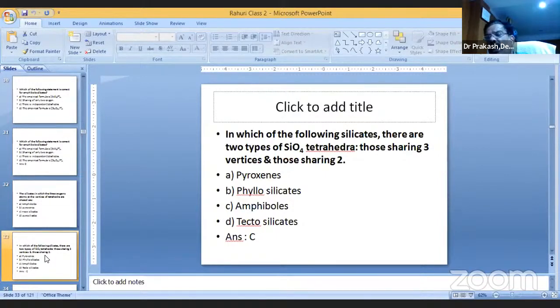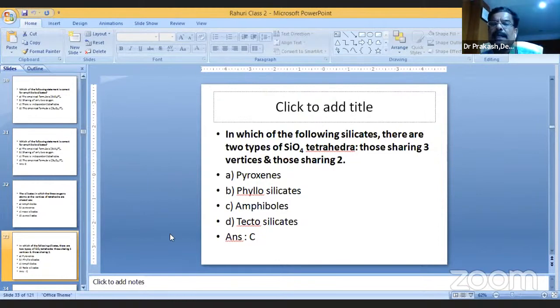That is what you have to visualize. There will be some questions based on concept, and some simply direct questions. Concept-based questions definitely require a thorough understanding of the topic. Then only you will be able to answer them.